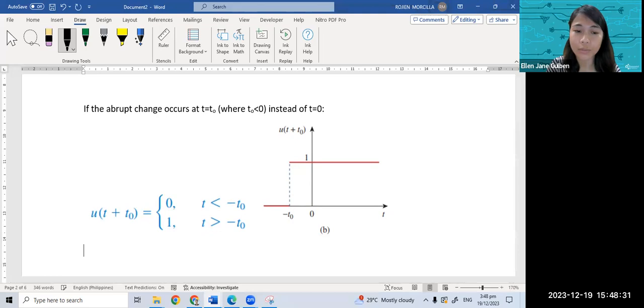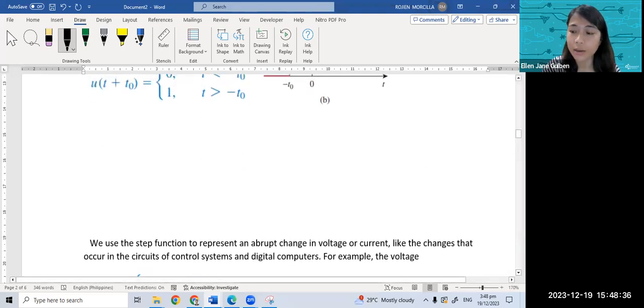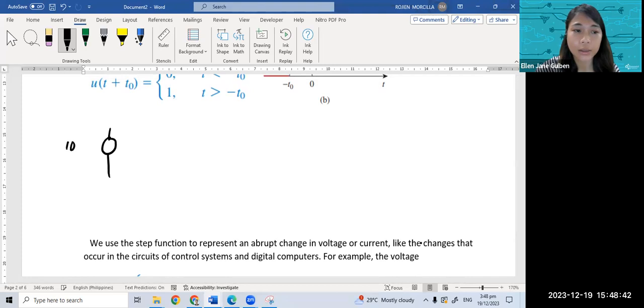And in terms kung naatay graph ay naatay circuit, nato 10 u of t plus 1 second.